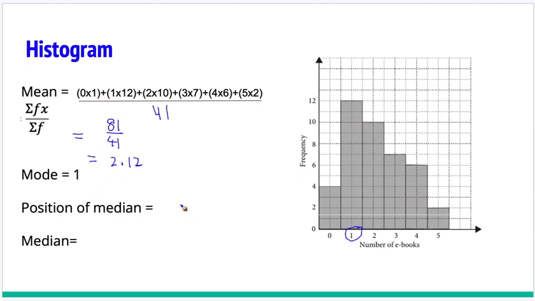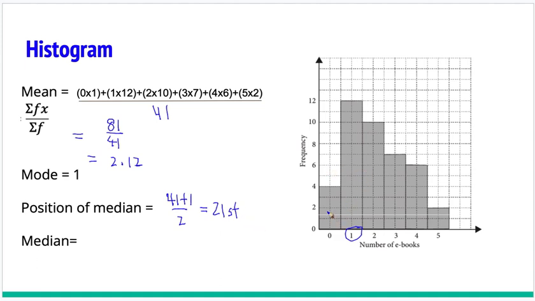The position of the median, we have 41 numbers, so we have 41 plus 1 divided by 2. That is 42 divided by 2 is 21. So the position of the median is the 21st score.